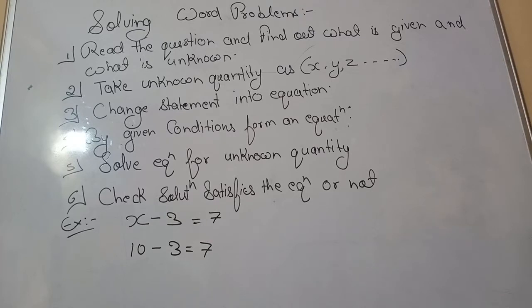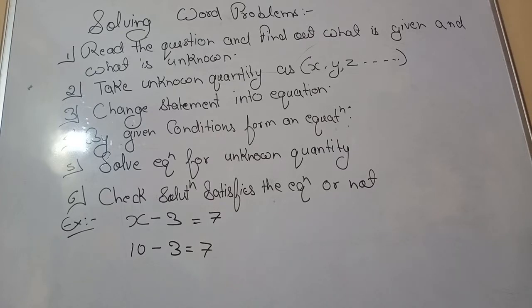As I have explained, the question will be in word form, so you have to convert that word statement into an equation in the form of x, y, z, plus, minus, and adding some given condition numbers. Fourth, by the given conditions form an equation, which means you have to form the equation according to the given situation in the question.